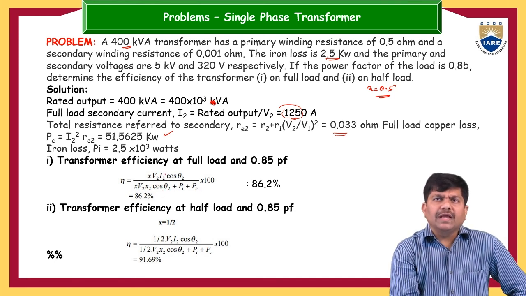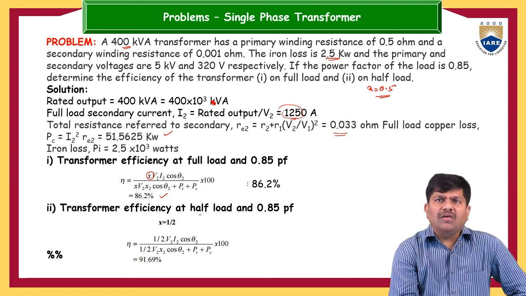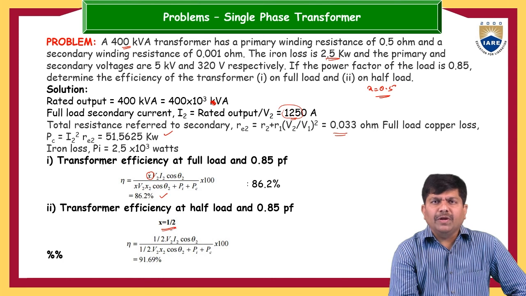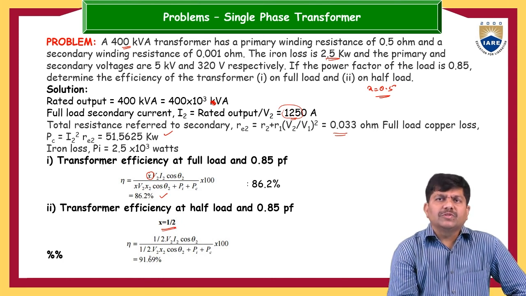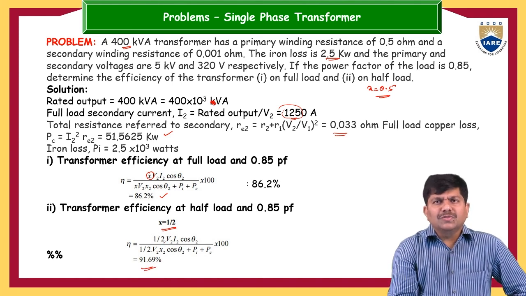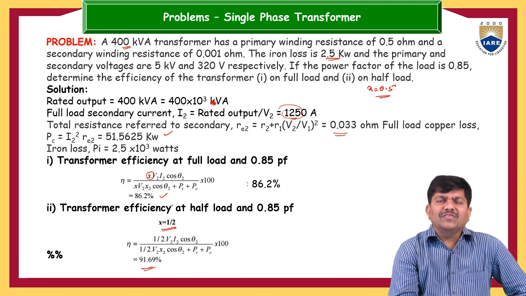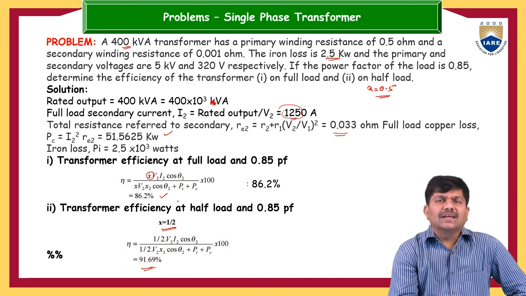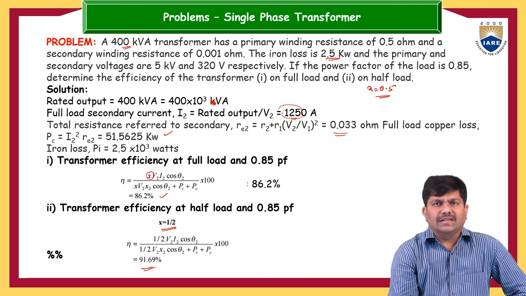If you substitute all the values, x is equal to 1 for full load, so with the remaining values this is 86.2 percent. Similarly, the transformer efficiency at off load means x is equal to 1 by 2, which we just discussed is 0.5. If you substitute here, that is 91.69 percent. You see, under the full load condition the efficiency is 86.2 percent, and at the off load condition it is 91.69 percent.